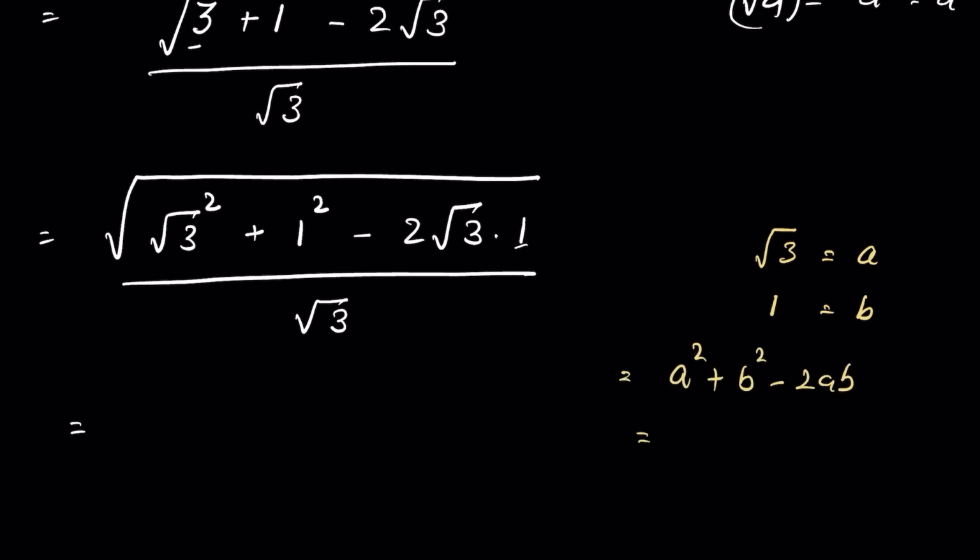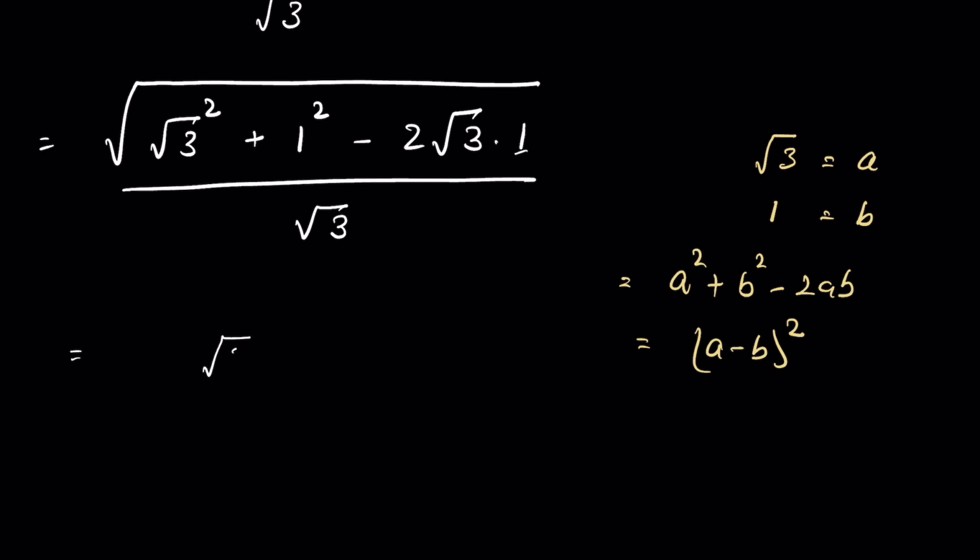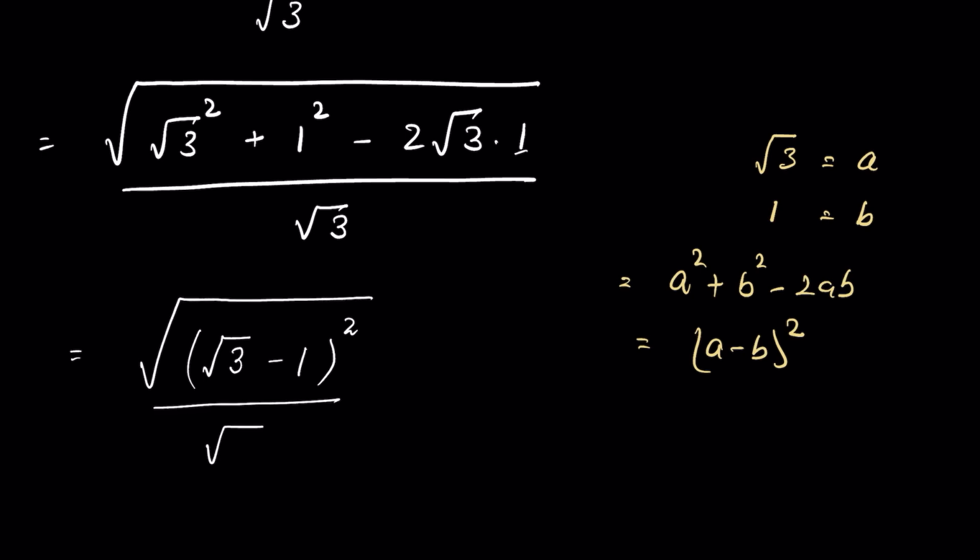So this is an algebraic identity. We can write a minus b whole square. So we write it square root of square root of 3 minus 1 whole square, upon square root of 3. Now we can remove the square root with this square. So this is equal to square root of 3 minus 1 upon square root of 3.